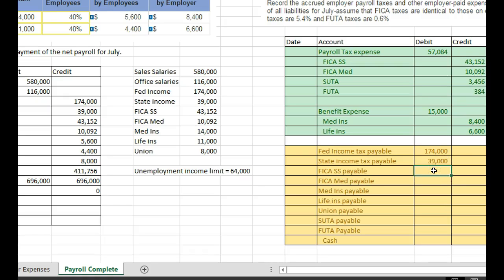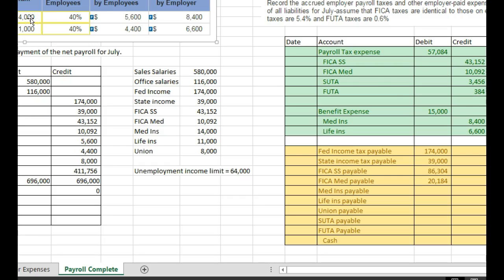And that comes to $86,304. You have to do the same thing with the FICA medical. You had $10,092 and $10,092 to come up with $20,184. And then your medical insurance, they gave you those totals here.